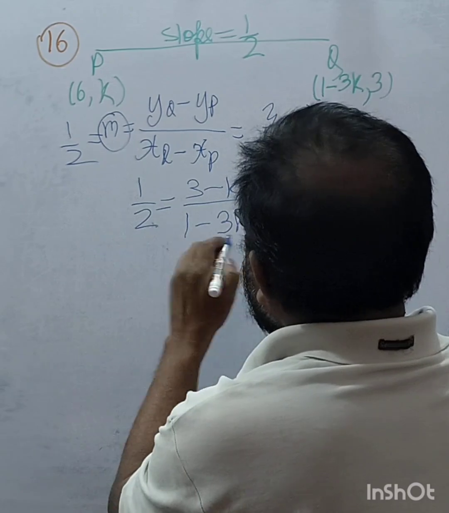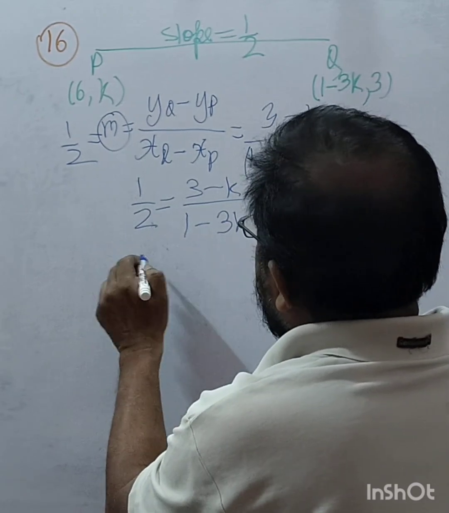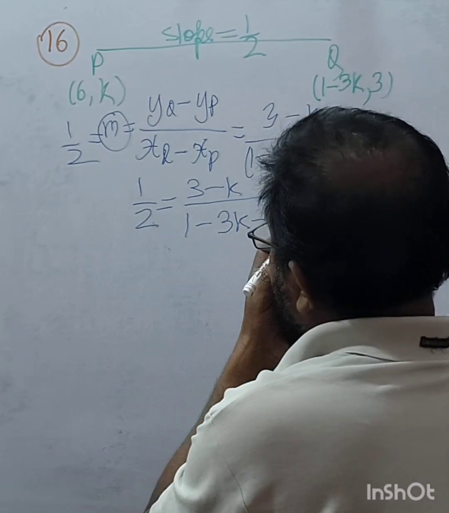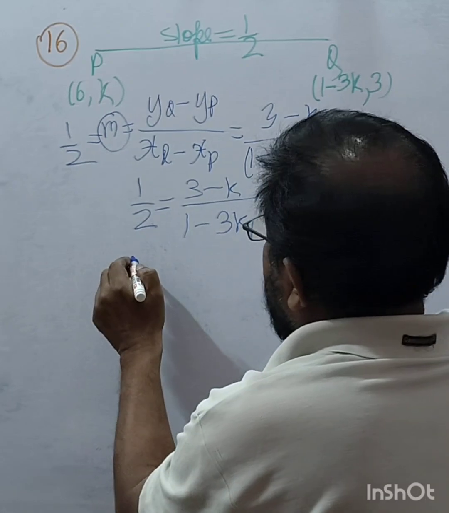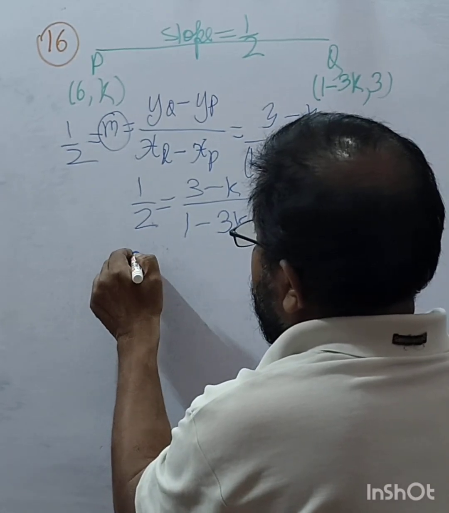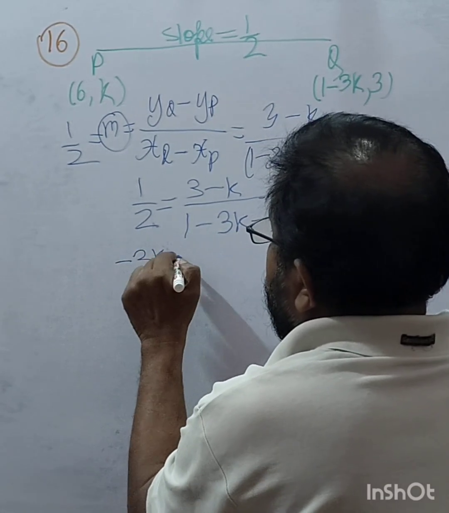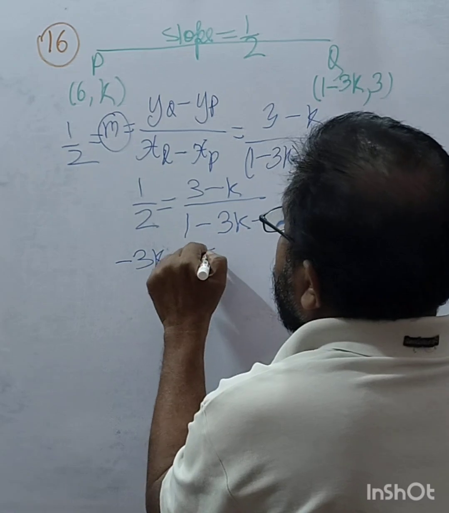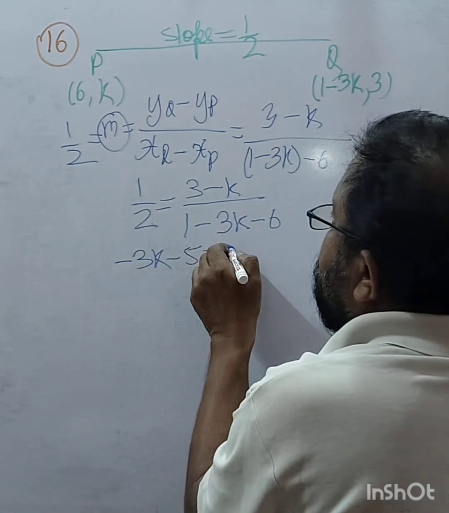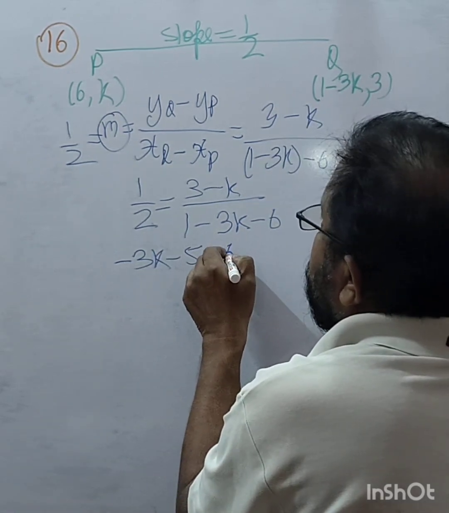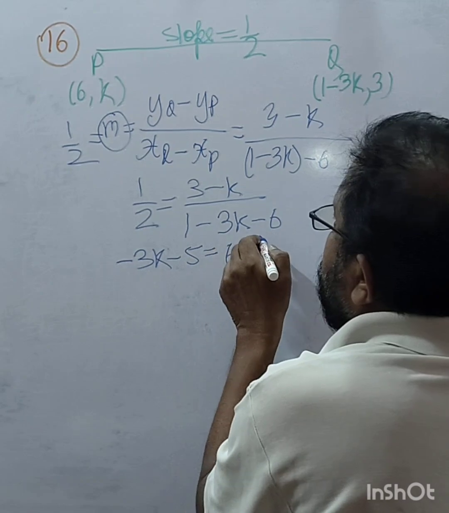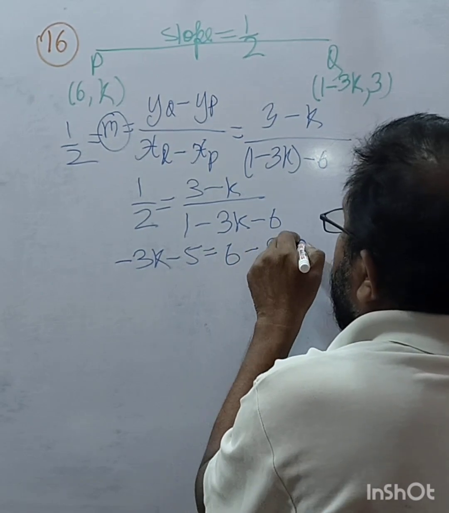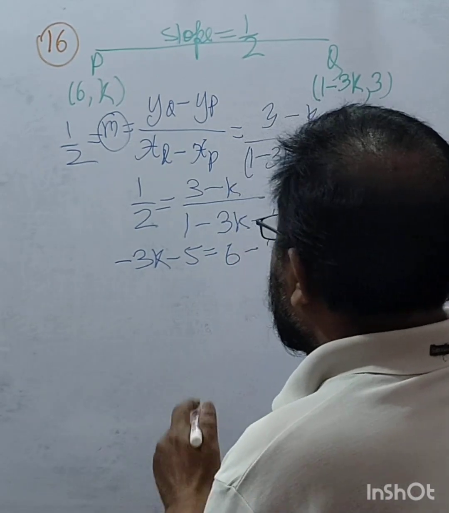Cross multiplying, it is minus 3K minus 5 is equal to 6 minus 2K, right?